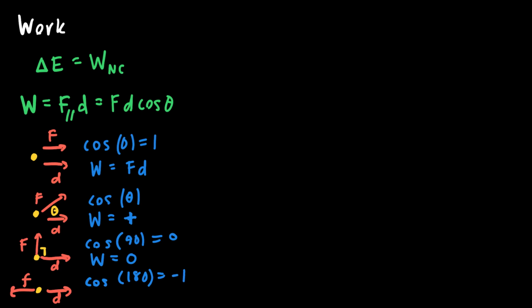And if you don't know that, then really just plug it into your calculator and see that the cosine of 180 degrees is -1. And if that's -1, then the work equation tells us that F times D times -1 would be some negative number. Right? It's going to be minus F times D. So the work done by this force is going to be negative.